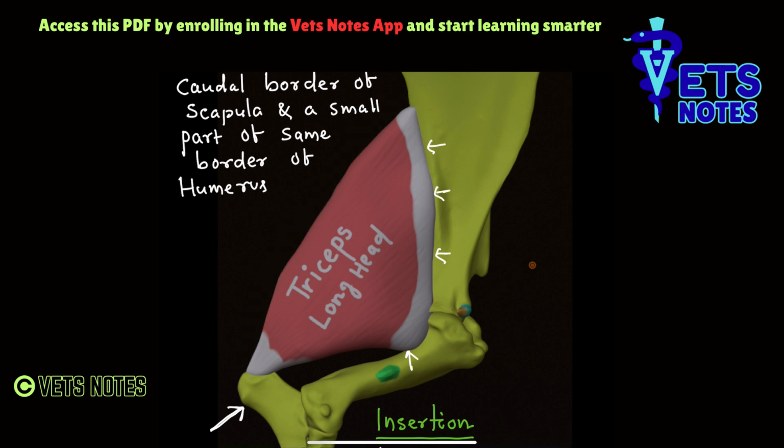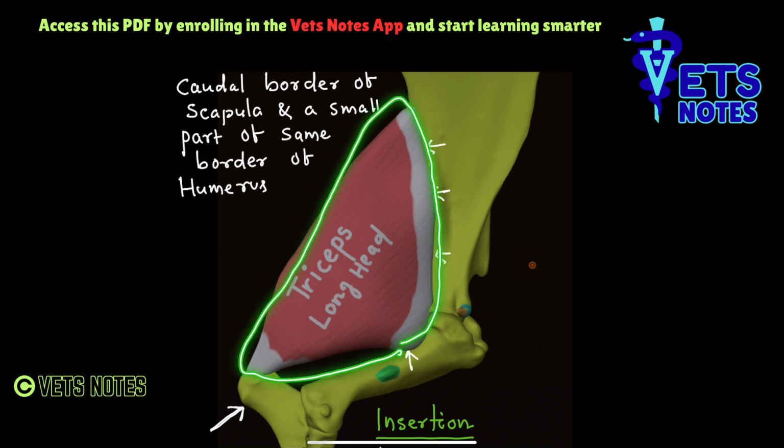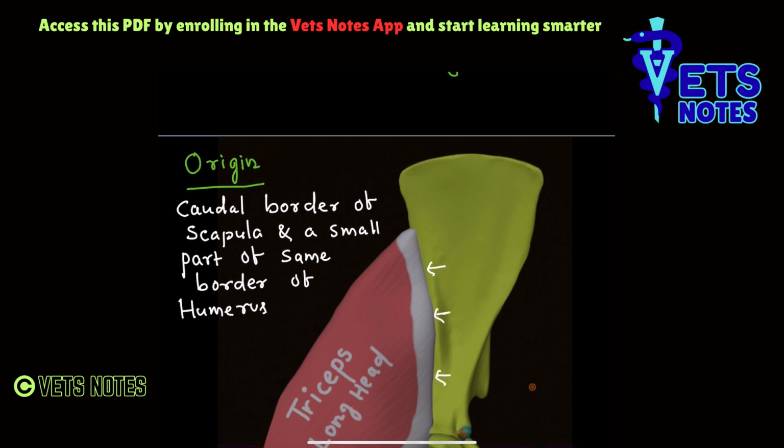Actually this is the long head we'll discuss. So here you will find that large triangular muscle. This is the scapula. The space between the scapula and olecranon process of ulna is filled up by this triangular muscle. That triangular muscle is called the Triceps Brachii.